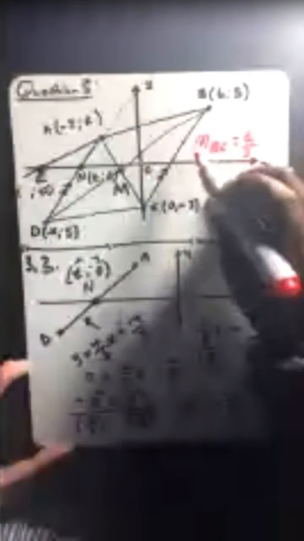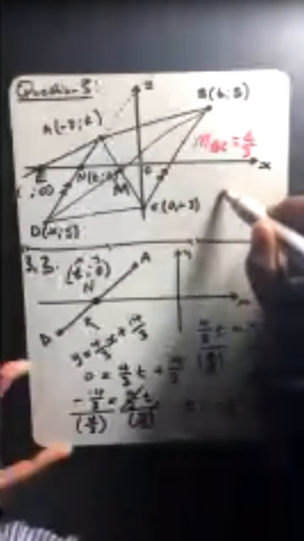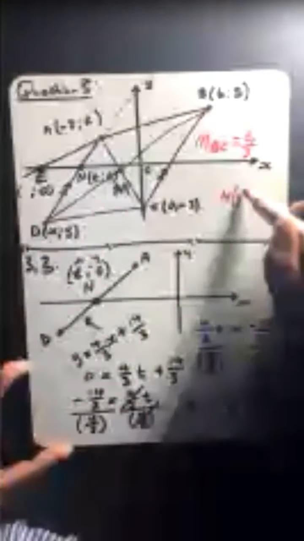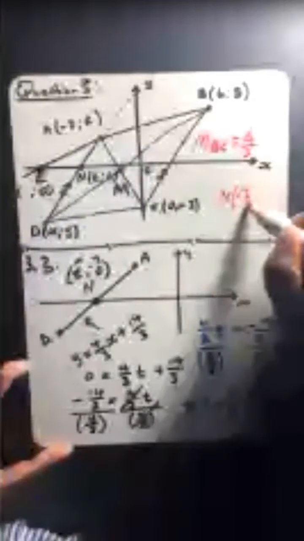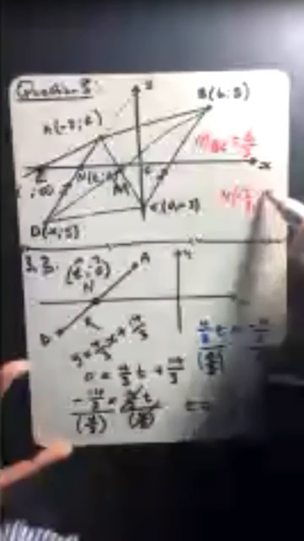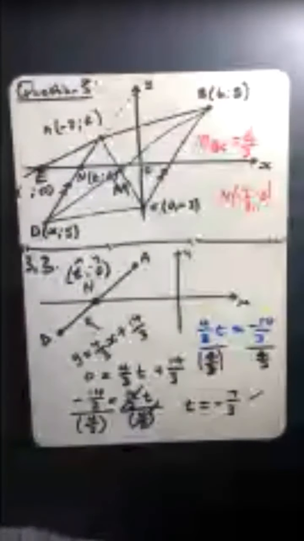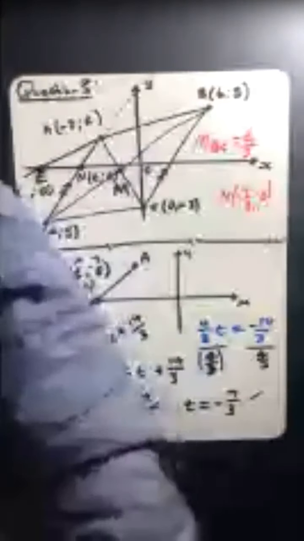Let me write it in the form of coordinates to say n is actually negative 7/3, and that one is 0.